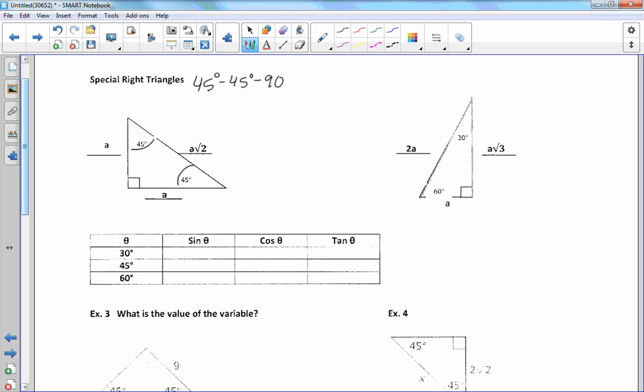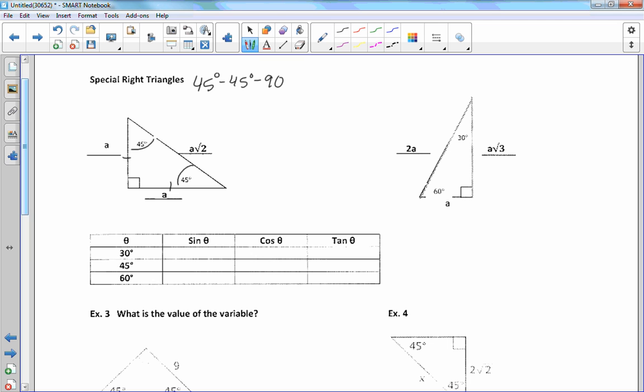What type of triangle has base angles congruent? You studied this, we just had a test on it. Isosceles. So the legs are congruent, which is why we mark both A and A. The hypotenuse of the isosceles is always the side length times square root of 2.